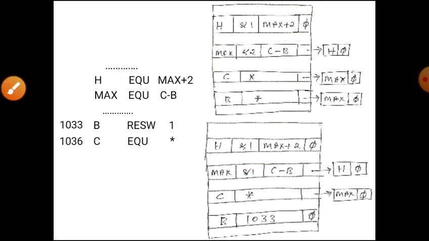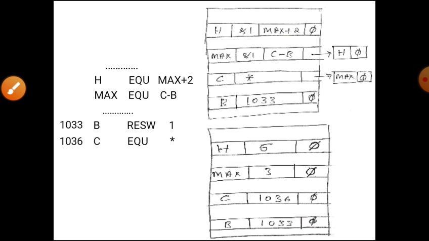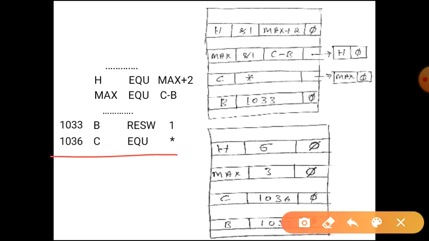Continuing with the next line, at this line the location counter value will be 1036. Why is it 1036? B reserved one word, so the location counter value is incremented by 3. So C will have the value 1036, and that is entered now.